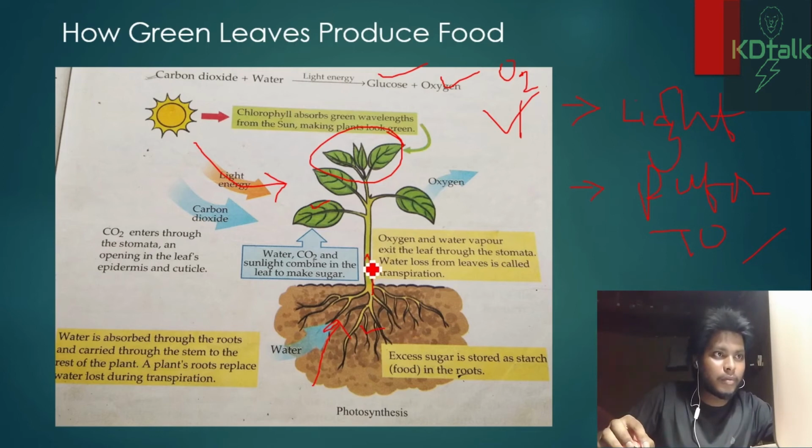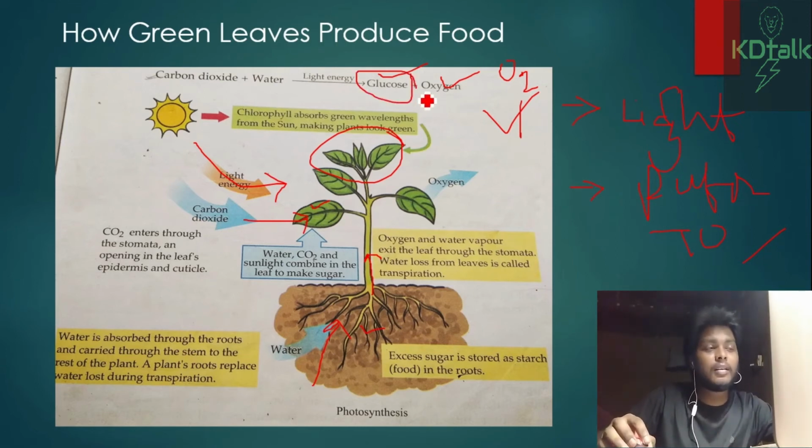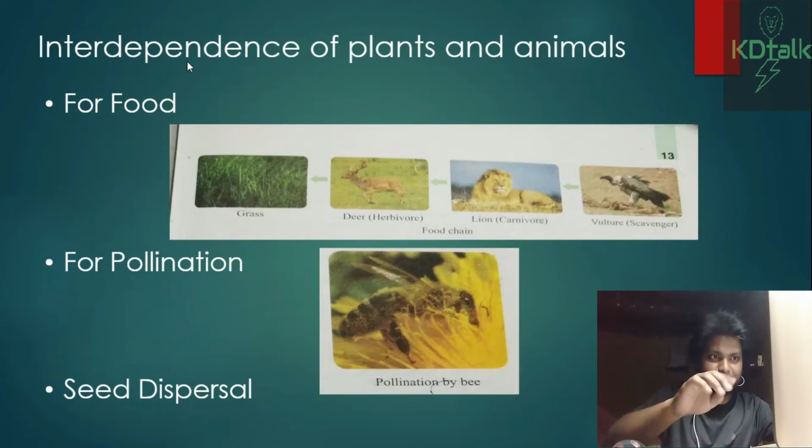Water comes from the ground through like this, and carbon dioxide also enters the leaves through what? Stomata. And these three things make the food. Is that clear? Okay.